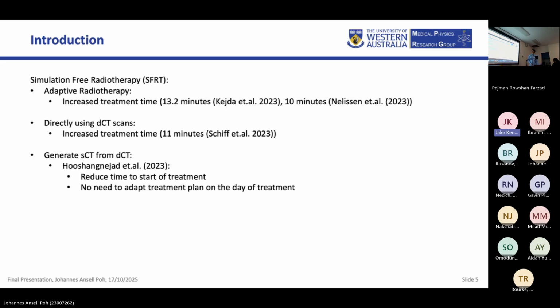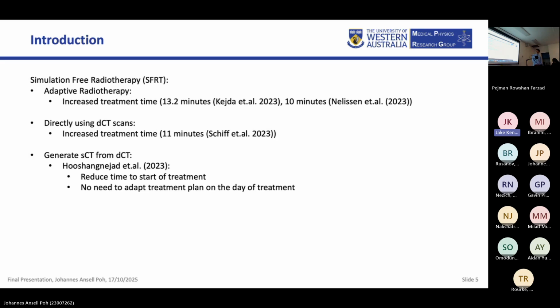The second way is to directly use the diagnostic CT scans. The problem with this is that we usually require the patient to be treated on a curved back-box to mimic the curvature of the diagnostic CT couch, and that can result in a more difficult patient setup, which can also increase the treatment time.